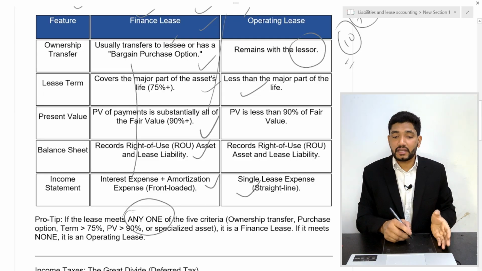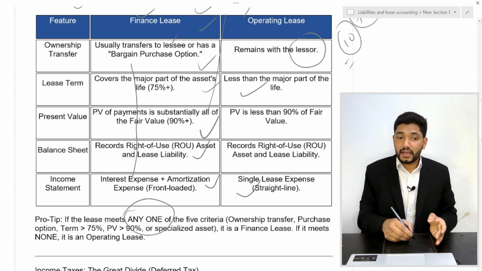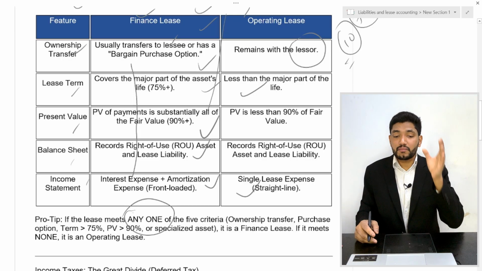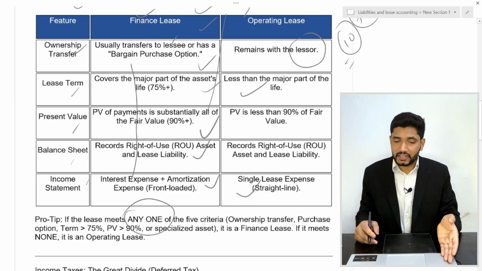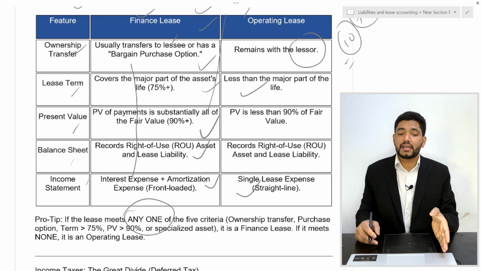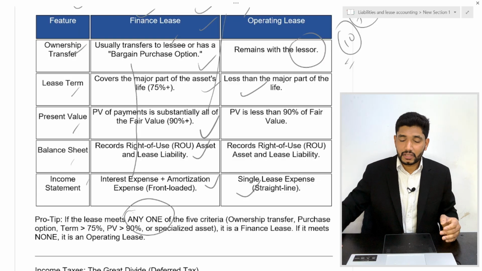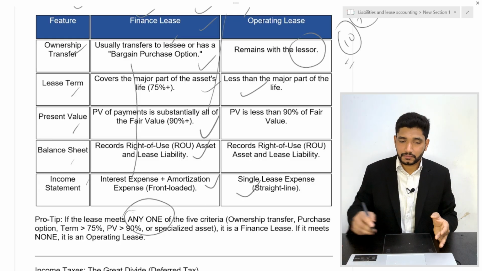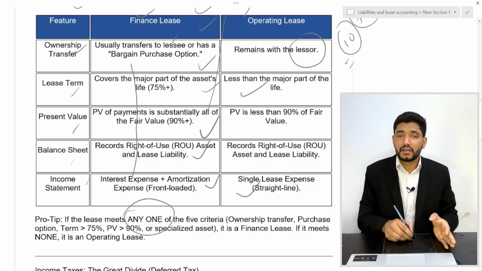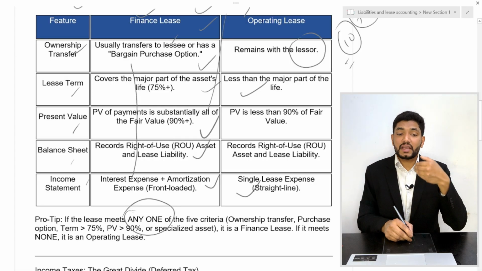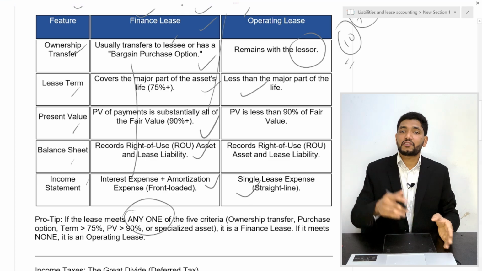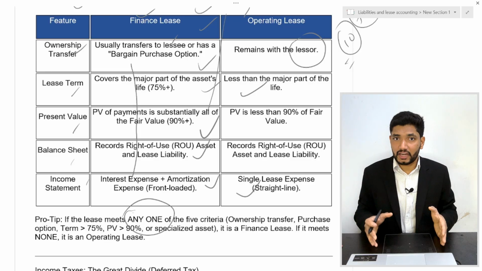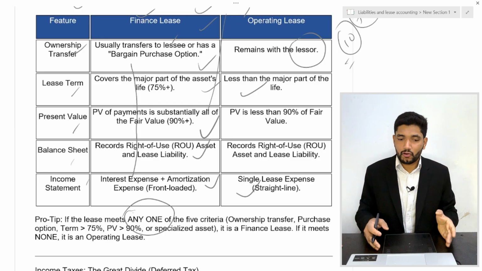Any one or multiple criteria like the ownership transfer, lease term, present value, balance sheet and the income statement. If it is meeting none of these criteria, it is an operating lease. So, this is an important point. If your lease meets any of these finance lease criteria, it has to be recorded as a finance lease, and if it meets none of the finance lease criteria, it has to be recorded as an operating lease.